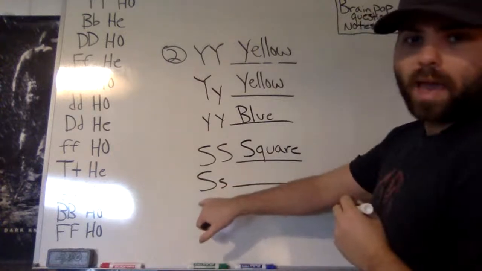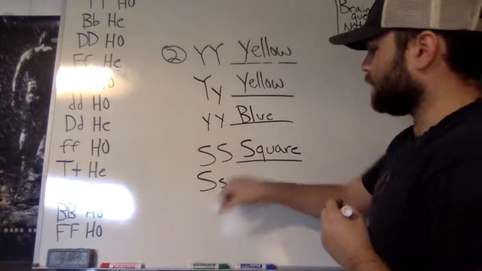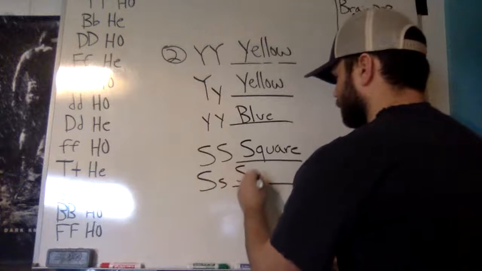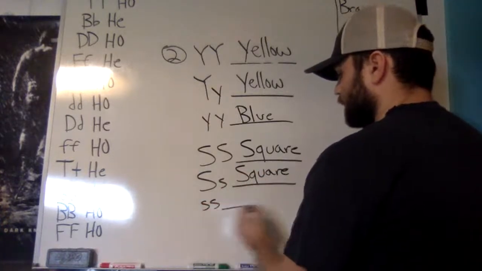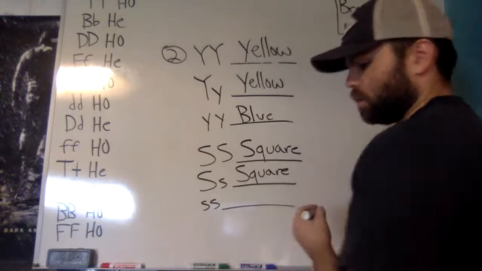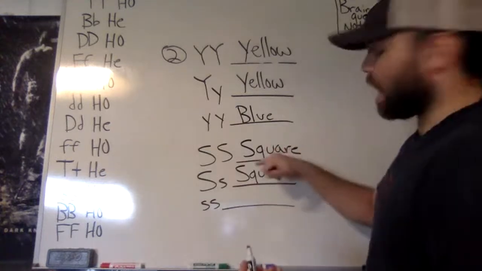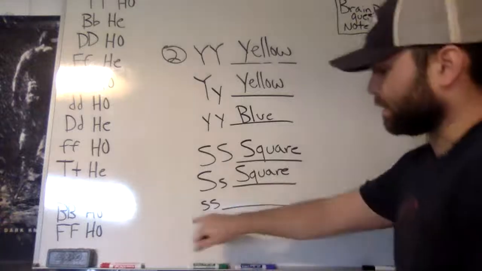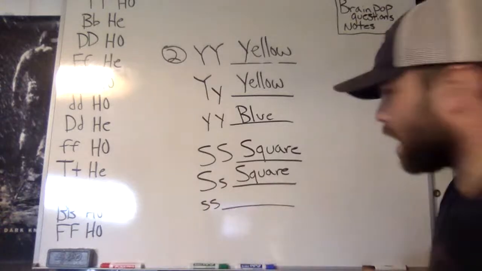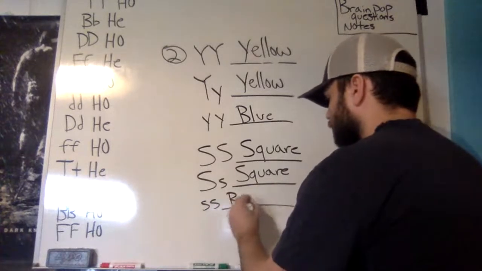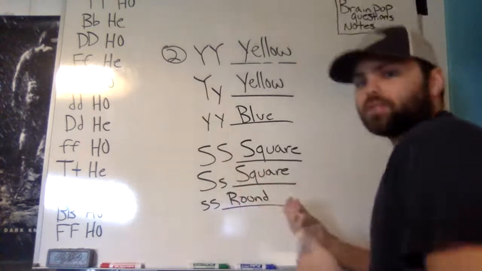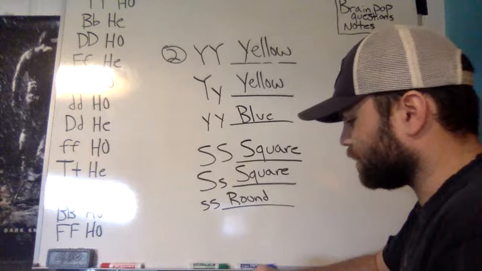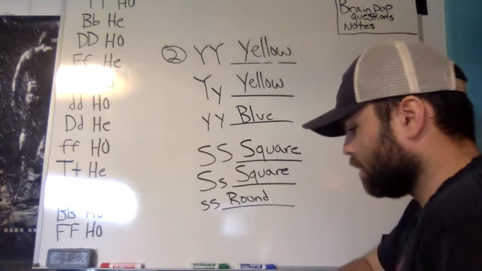Even though you have a lowercase, that means you're still going to be square. And then the last one, you have two lowercase s's. Since you're no longer dominant, and square is dominant to round, you're actually going to be round shape. Remember, we're doing characters from SpongeBob, so it's going to be a little different from what we're used to.